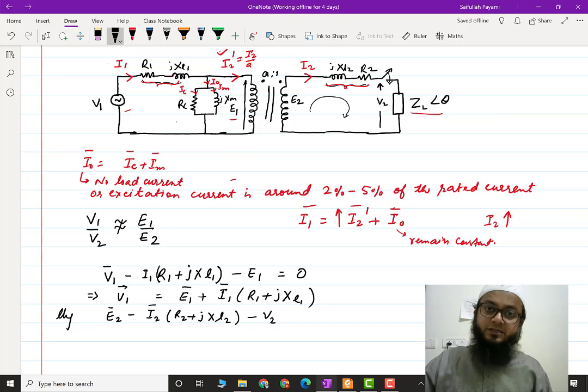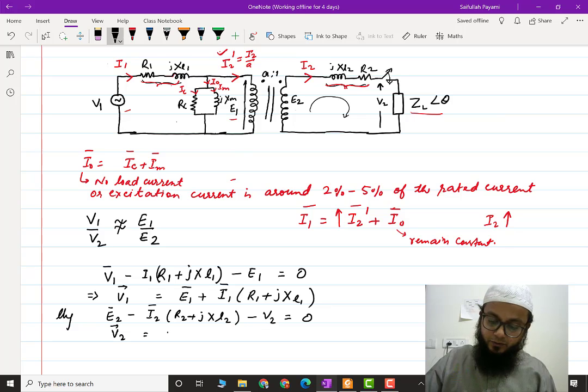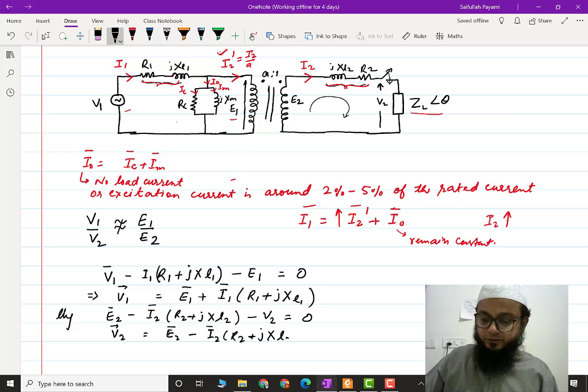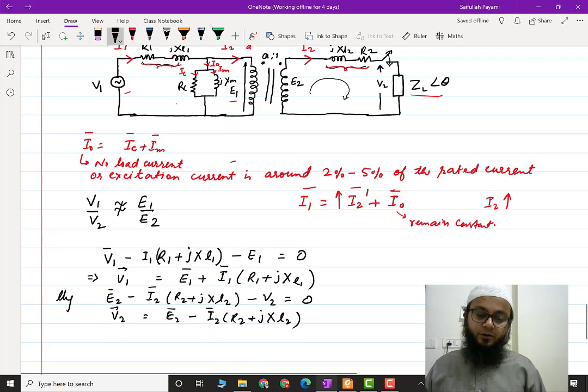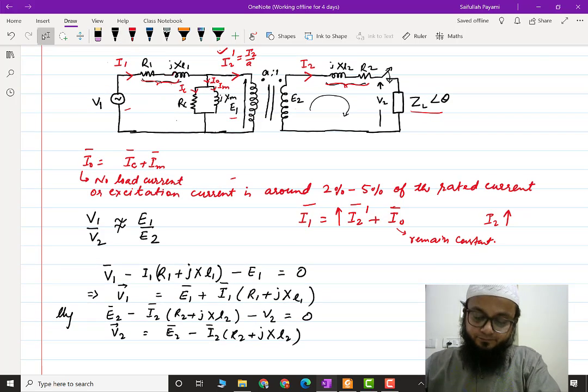This load voltage, or we can say the terminal voltage, would be 0. So that means V2 is equal to E2 minus I2 (R2 plus jXL2).